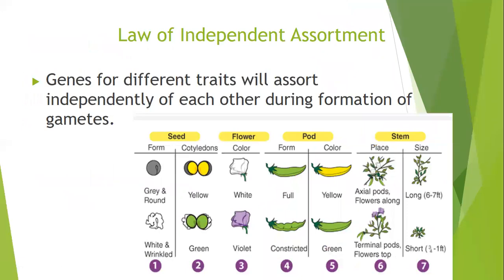Then we have the law of independent assortment. And what this means is that if you inherit trait A, or if you have the gene for trait A, it does not necessarily mean that you will receive any other trait. Having a homozygous dominant trait for pea color does not necessarily mean that you will have a homozygous dominant trait for pod color.